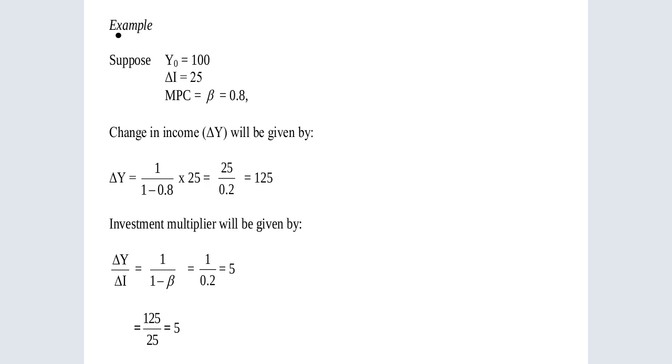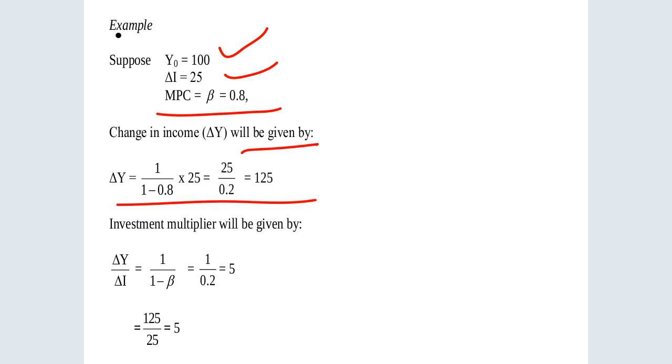So for example, we are given the national income as 100. We have the change in investment as 25. And then we have the marginal propensity to consume, beta, which is 0.8. So we can compute the change in income, which will be given by this expression.